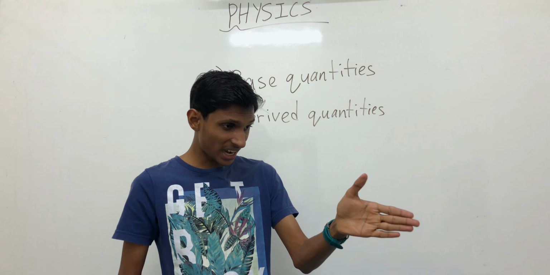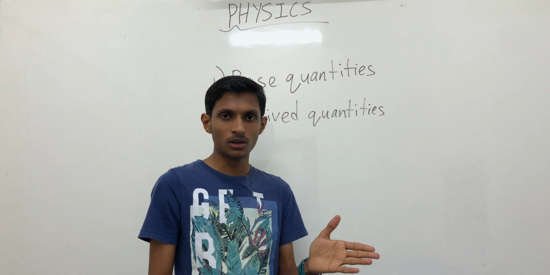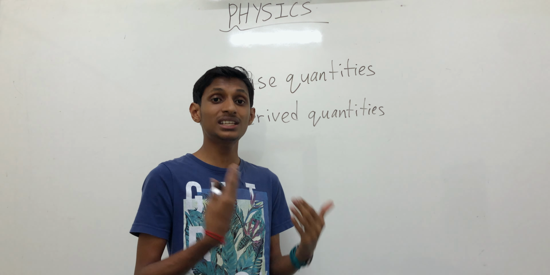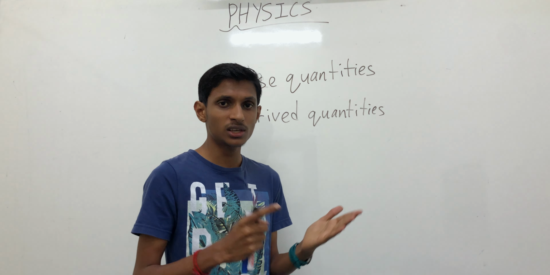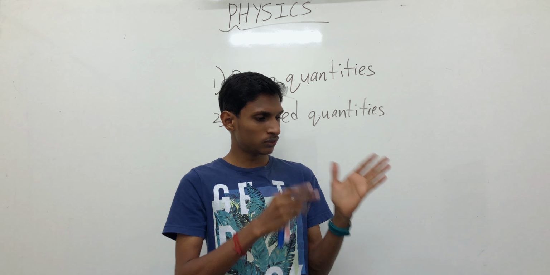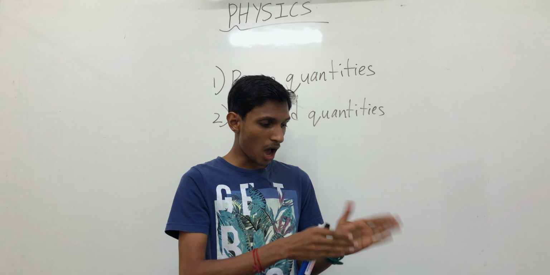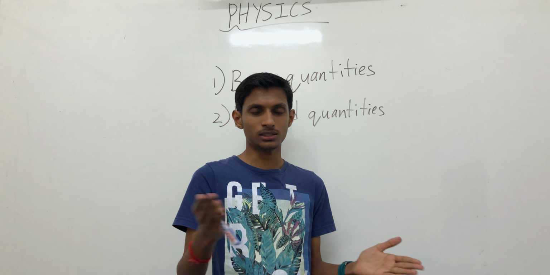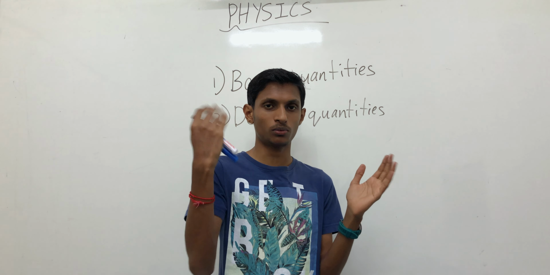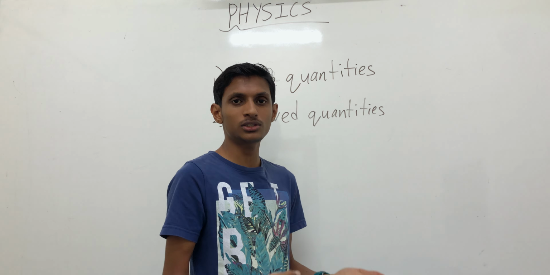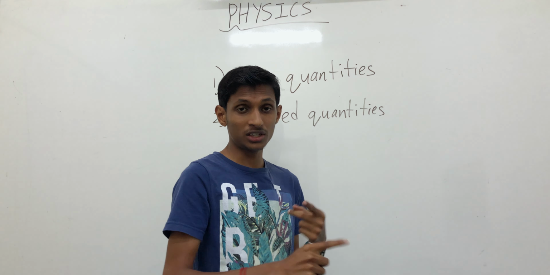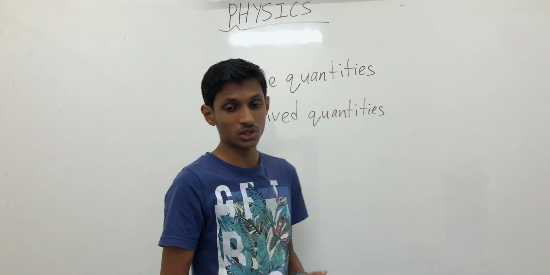You can just look at it and know it. For example, length or distance: you open maps or Waze and see the distance from my house to my school, 14 kilometers or miles, whatever you're using. It doesn't need anything else to measure. You only need the magnitude and the unit, which we will look into later.